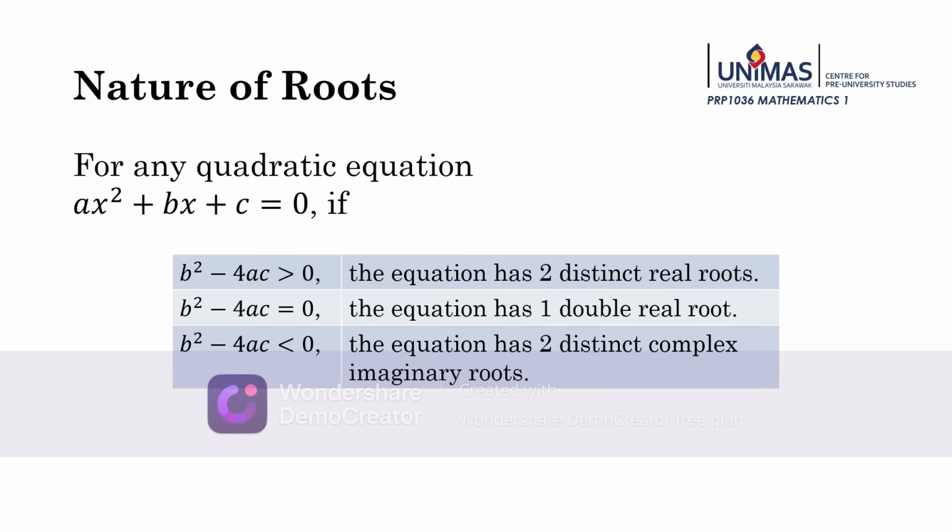So this is a summary of b squared minus 4ac. When you substitute, you will get either greater than 0, equal to 0, or less than 0.